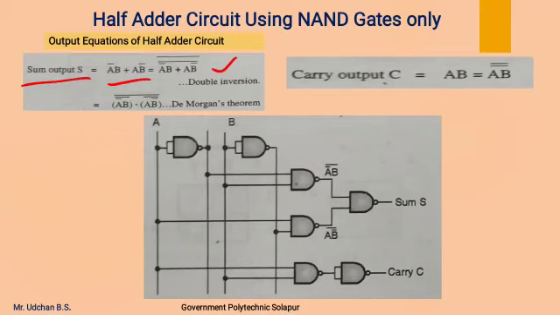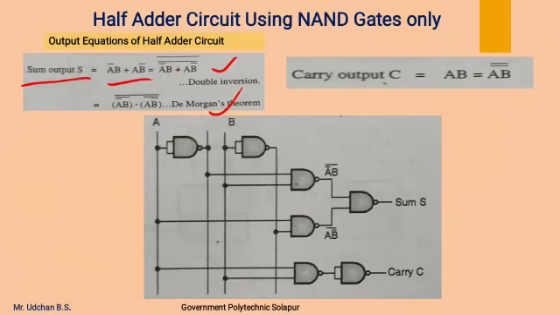The same procedure is followed here. While drawing a circuit using NAND gates, we convert this plus sign into the dot. So we are going to use De Morgan's theorem so that we can get a dot operation.